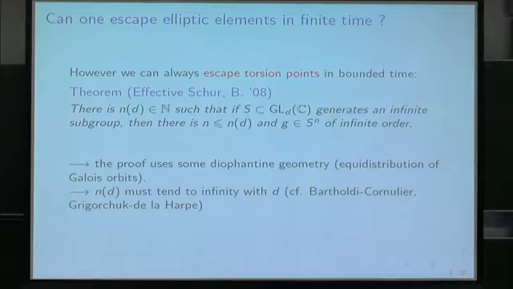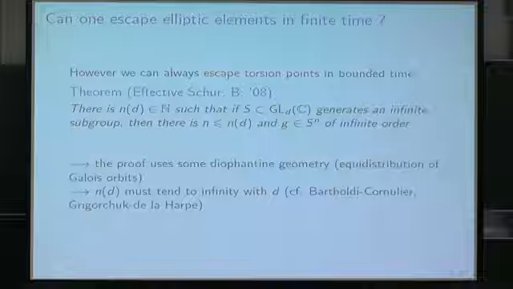And in fact, this n of d must tend to infinity, and there is a nice example: if you take the torsion Grigorchuk group and chop the presentation after a while, this group becomes virtually a product of three groups, so it's linear, and it has a very large torsion ball. So you can certainly find matrices with very large torsion balls, even though they generate infinite linear groups. But of course, the dimension, the size of the matrix, has to be very big.